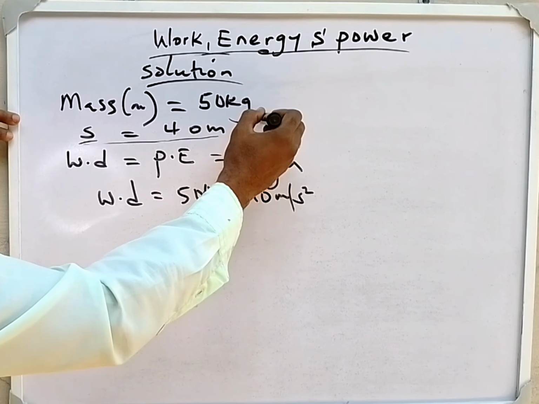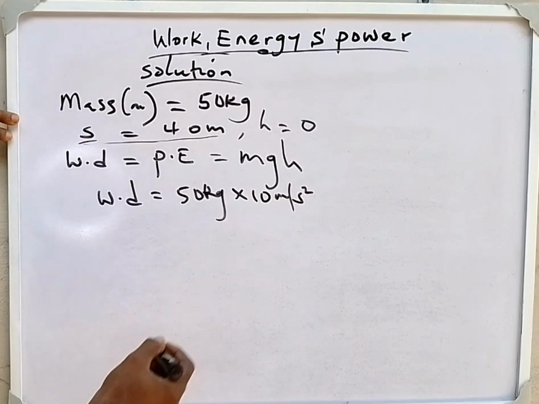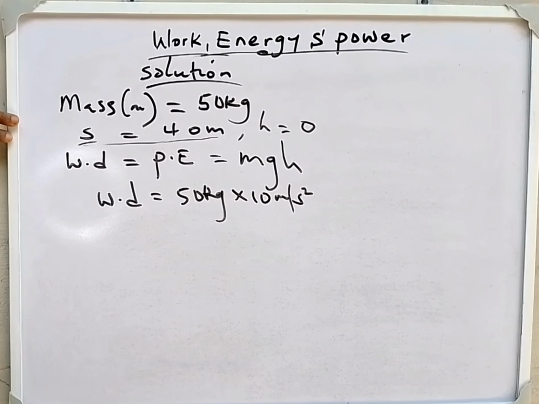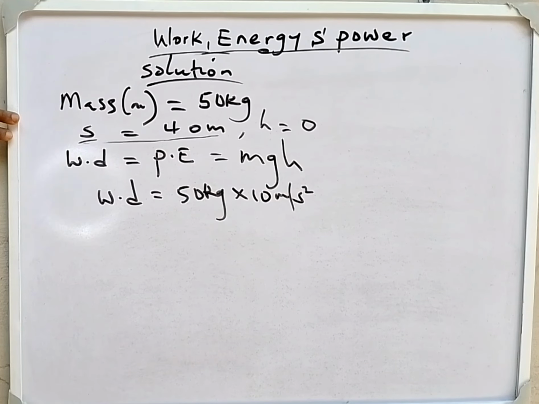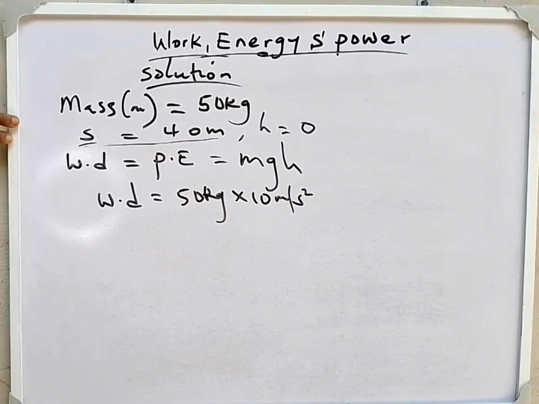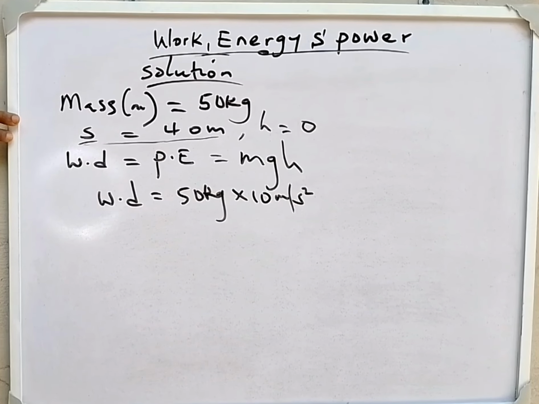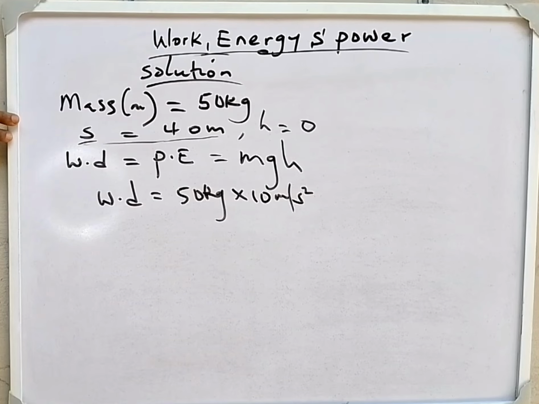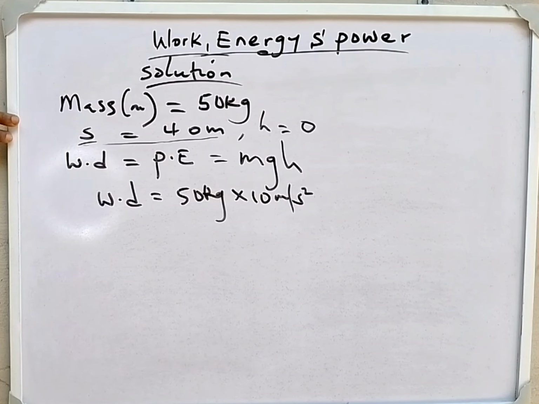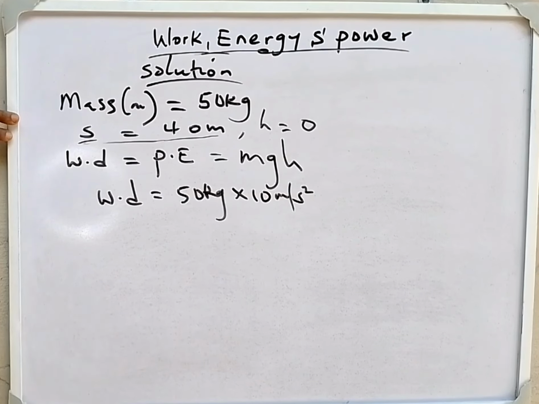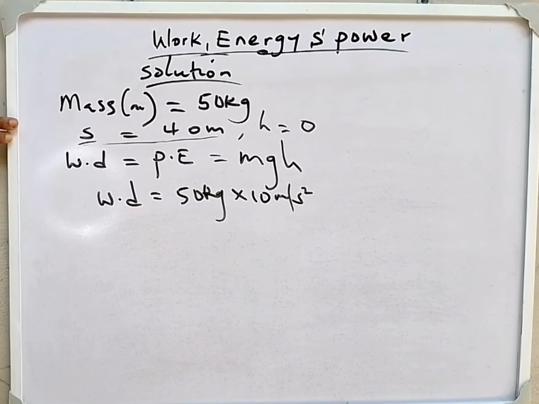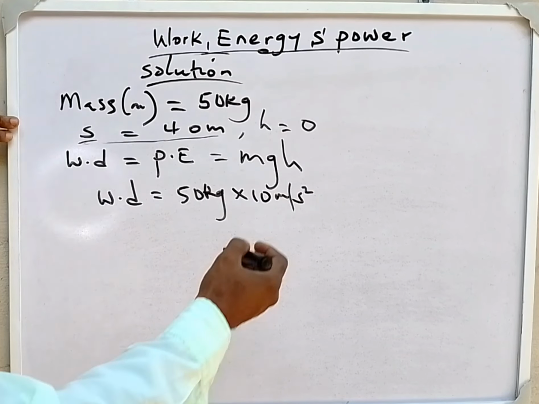So we can see the height here in the question is 0. No height is given because the mass is not being lifted up. Assuming that this 50 kg is being lifted up, then we will say that work is being done against gravity, or if it is falling from a particular height. But here, since it is just being dragged on the horizontal track, the height is 0.